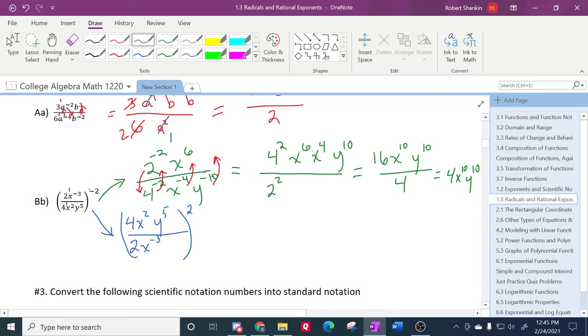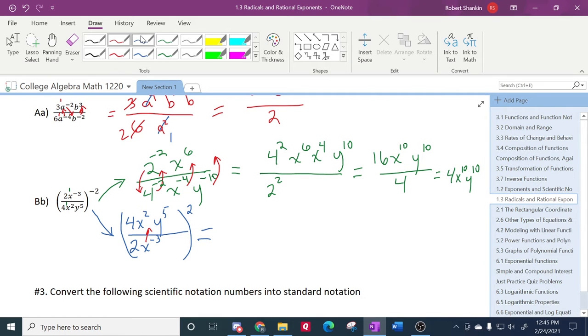So what did the negative part of the exponent do on the outside? It flipped everything around. So that's one way to do it. And then another thing we could do is move this up here at this point. You don't have to distribute this to everything. You could reduce what's inside the parentheses first if you want to.